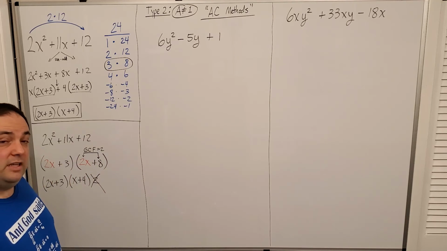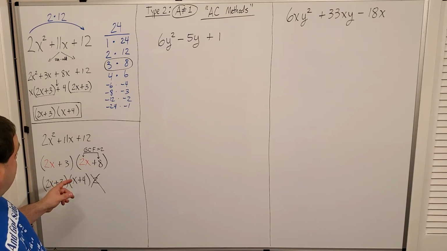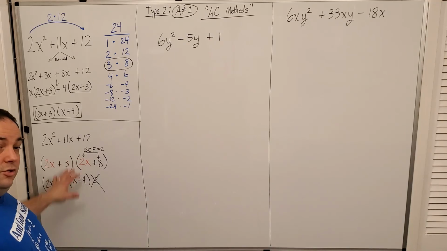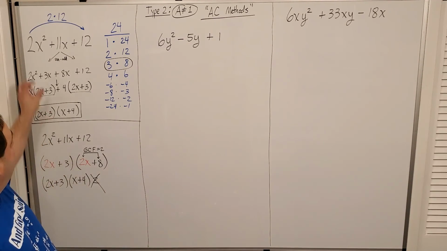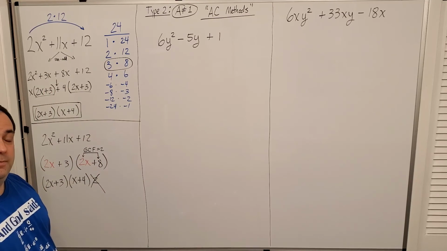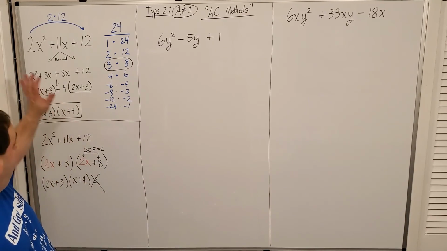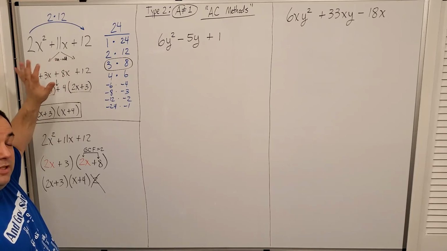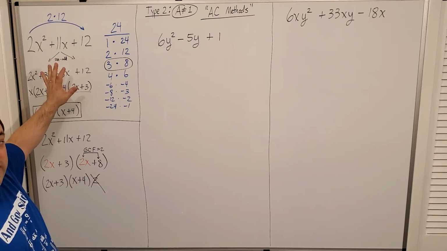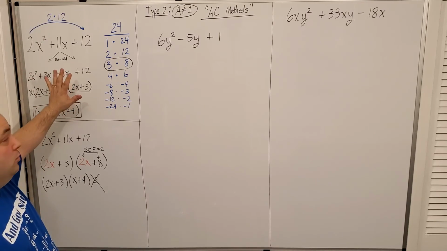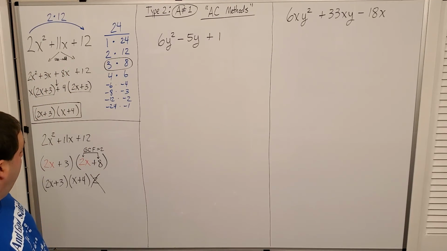Okay? It's different in different problems. But notice, if you know how to do that filtering step, you can get to the answer a lot quicker without having to write out all the steps. That being said, if you're a person that likes to see the steps and you want to practice the grouping method, by all means do this. It's a very sound, good method.